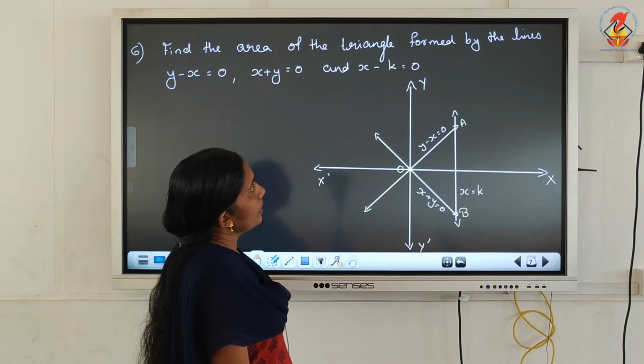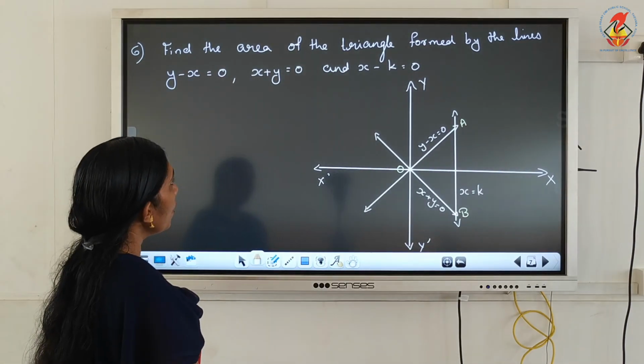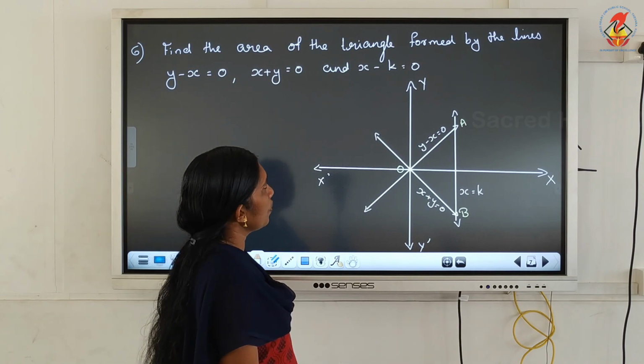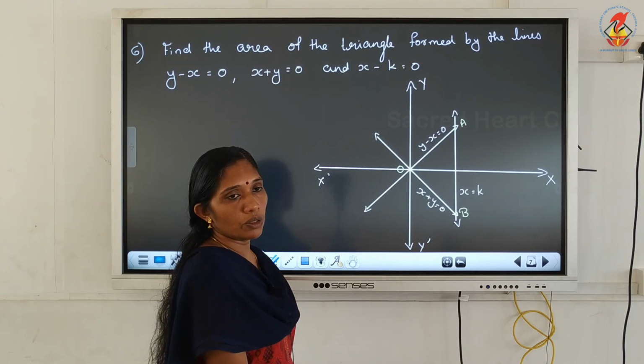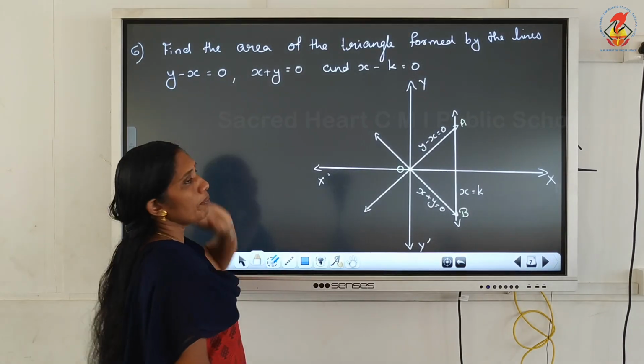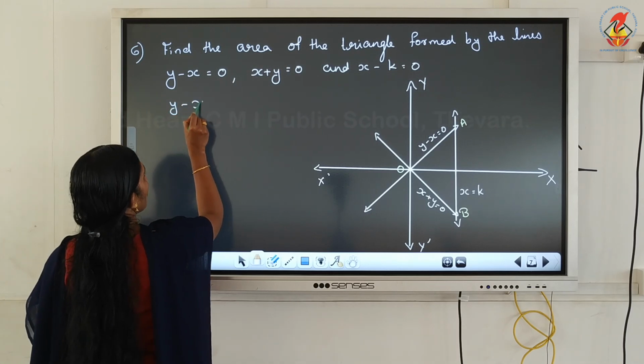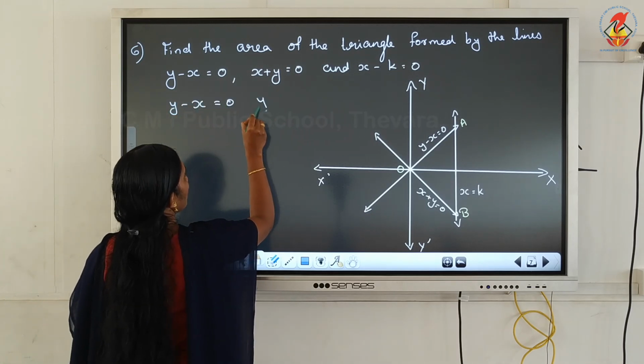Now, find the area of the triangle formed by the lines y minus x equals 0 and x plus y equals 0 and x minus k is equal to 0. So, first we have to draw y minus x is equal to 0, which means y is equal to x.